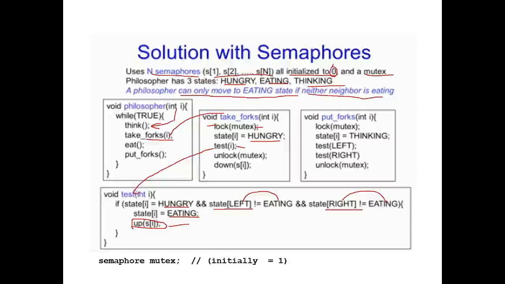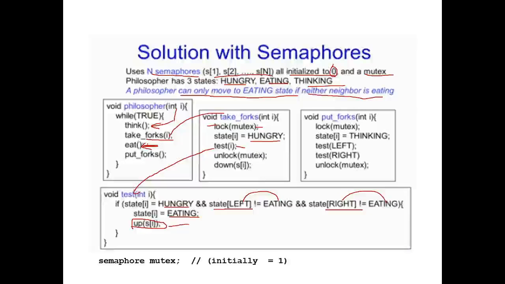That means currently there is one process eating, and after taking the forks it will start eating here. Whenever the process is eating, no other process will interrupt it because it is already locked using the mutex.